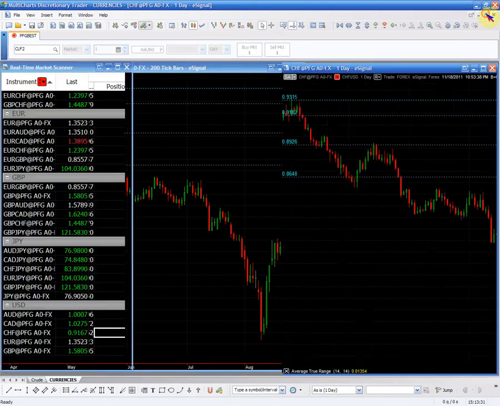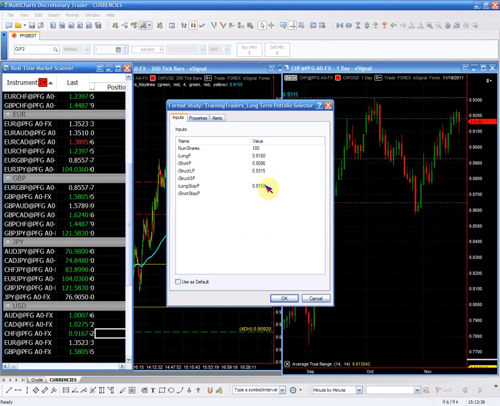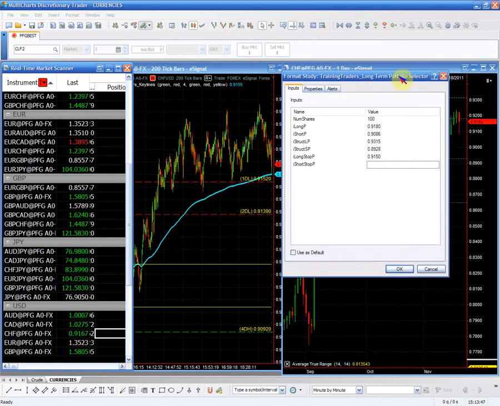So my structure short is 89.28. And if I take it short below 90.86, then I'm going to place my stop right here above the 90.92. So my stop is going to be 90.92.